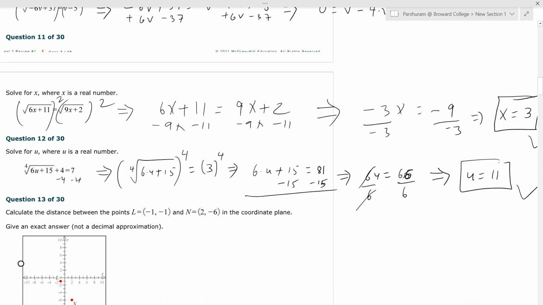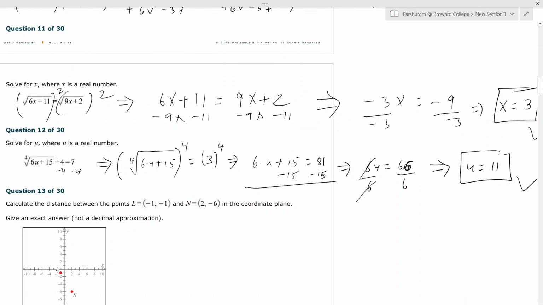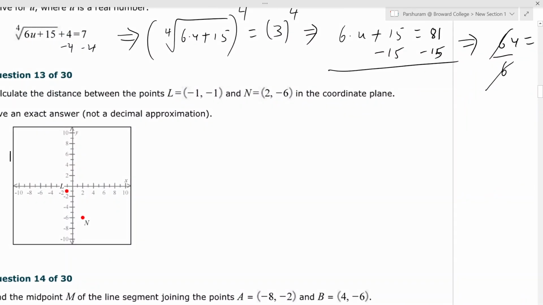And now for problem 13. Calculate the distance between the 2 points, -1, -1, which is this one, and 2, -6, which is this one. Give an exact answer, not decimal. Okay, so that means we're going to use a distance formula, d equals square root of x2 minus x1 squared plus y2 minus y1 squared.